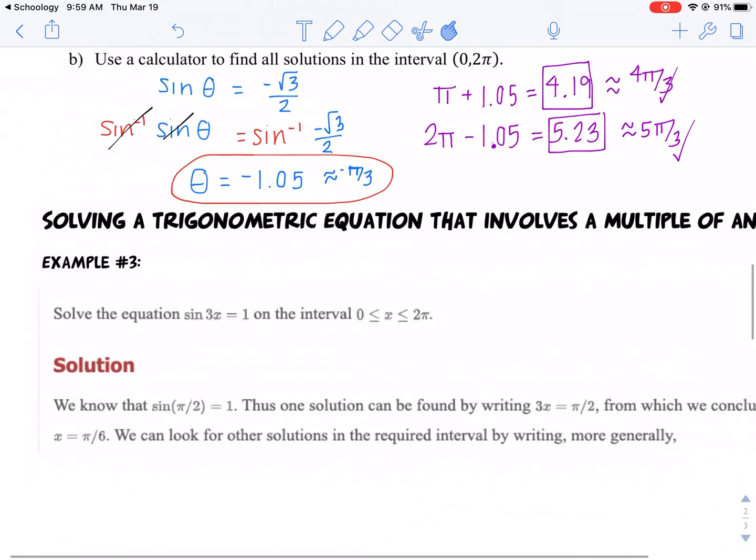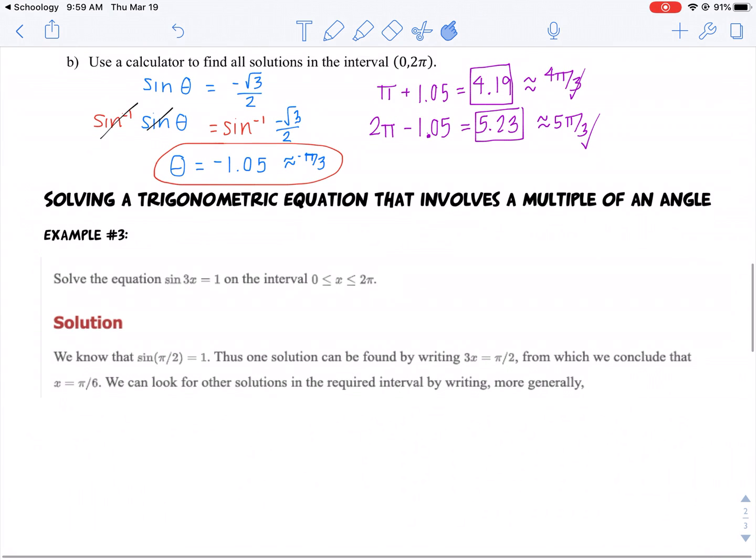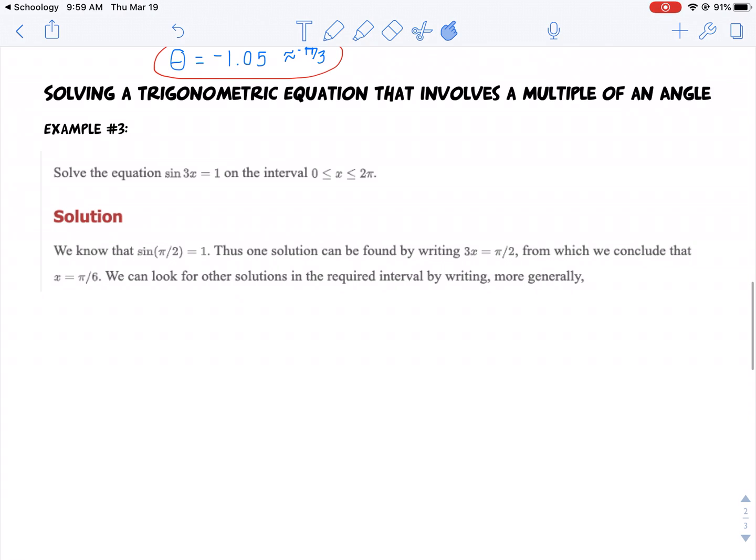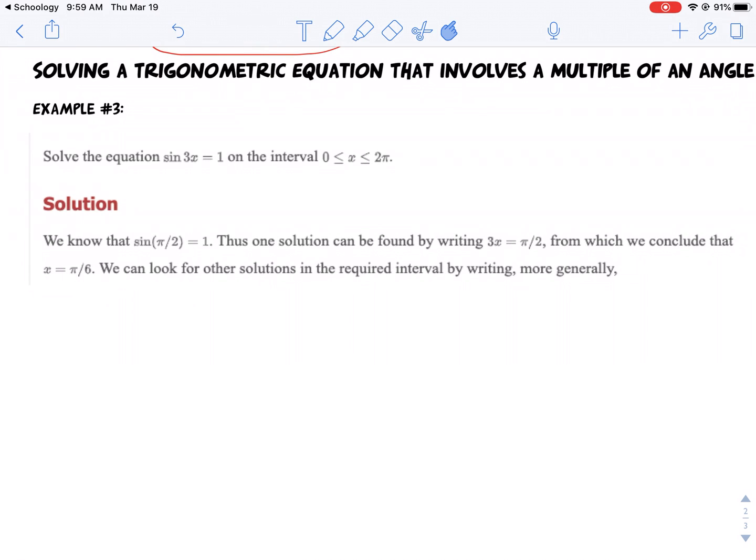Last one. So we're going to solve a trigonometric equation that involves a multiple of an angle. So solve the equation sine of 3x equals 1, again on the interval 0 to 2 pi. Well, I need to be kind of smart about this. I know sine of pi over 2 is 1.